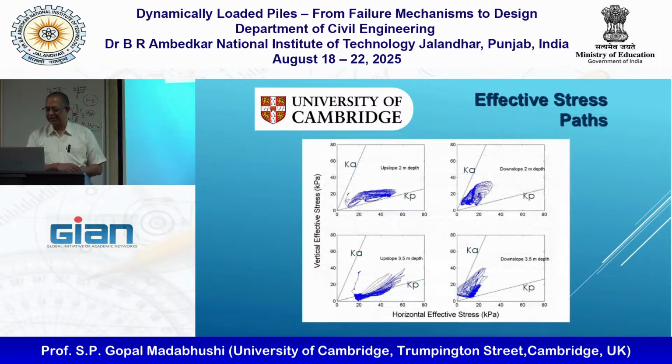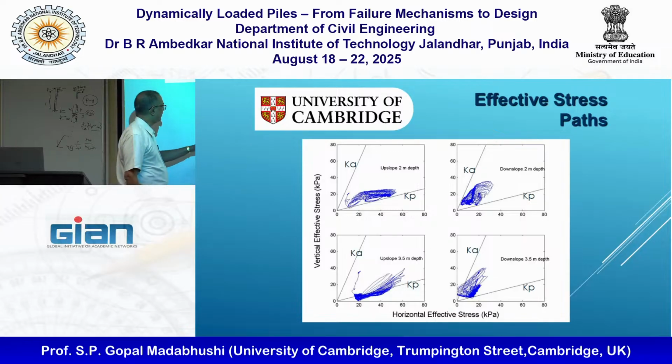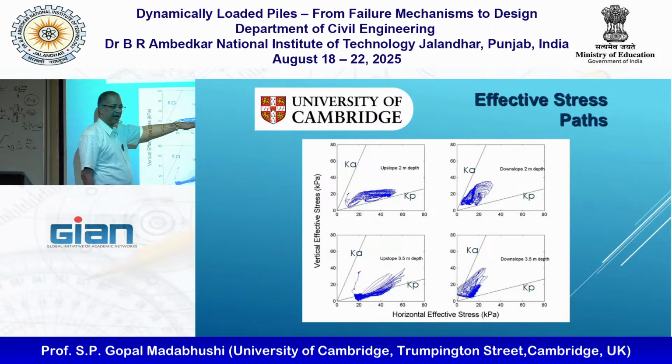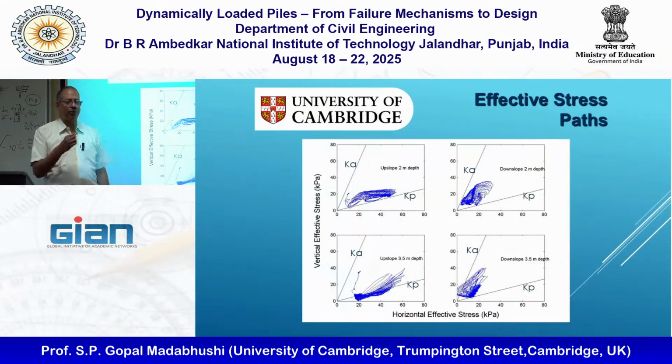So it's not as bad as in some of the static earth pressures you would measure. And this is where we feel proud of ourselves. Now we have the vertical stress, the overburden stress and the horizontal stress. We can plot the stress paths, right? Because we know the pore water pressure, you can plot the active earth pressure line and passive earth pressure line and see where my stress path is falling, upslope and downslope.